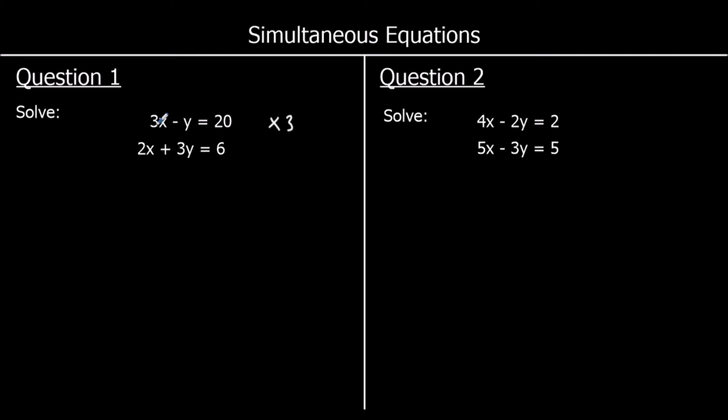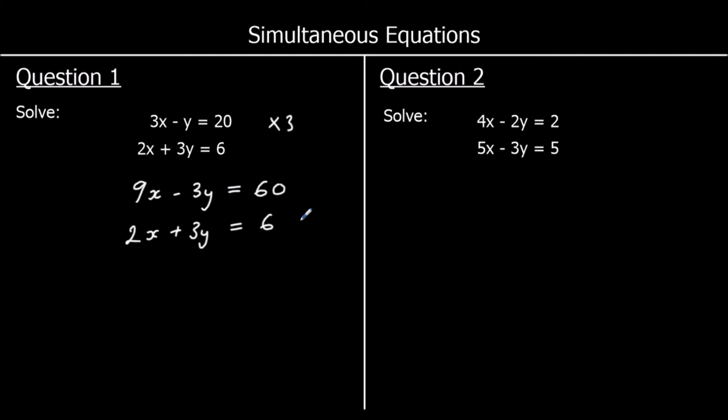I'm going to multiply every term in the top equation by 3. So that would be 9x minus 3y equals 60. And I'm going to leave my second equation as it is, 2x plus 3y is 6.